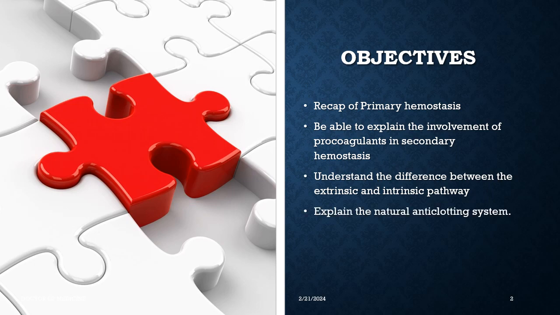We'll also explain the natural anti-clotting system, what happens within your body that allows the other parts of your blood vessels to not clot. We'll also talk about anticoagulants and synthetic coagulants, the drugs that are administered to people to avoid clotting. Lastly, we'll mention the abnormalities of the process of hemostasis, specifically secondary hemostasis.